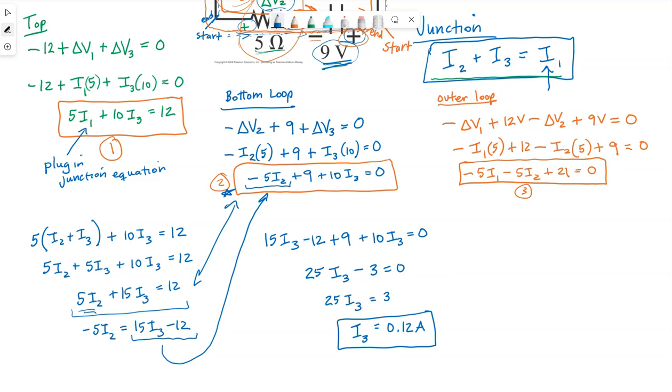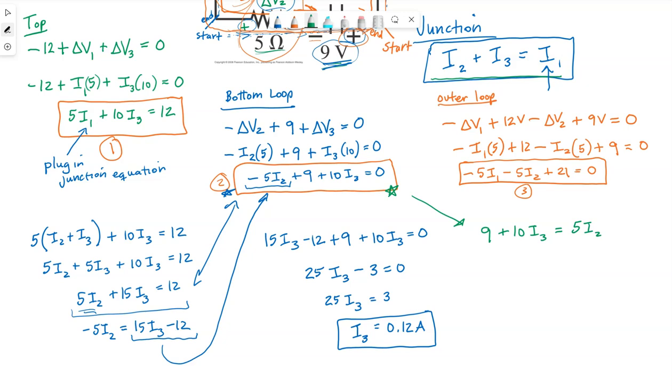Okay, we now have one value. We still need I2 and I1. But now that we have I3, we can come back to any of these equations, actually. So if we come back to equation 2, if I have I3, I can put here 9 plus 10I3, which I know I'm going to plug in I3 in just a minute.